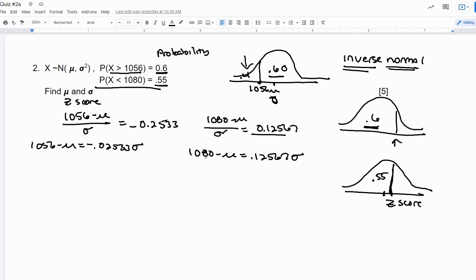Yeah. Now what I'm going to do before I rewrite it is I'm going to multiply one of them by -1. Do you notice how they both have a minus mu? What I'm going to do is I'm going to multiply this one times -1, making it minus 1080, making this plus, and then making this minus.